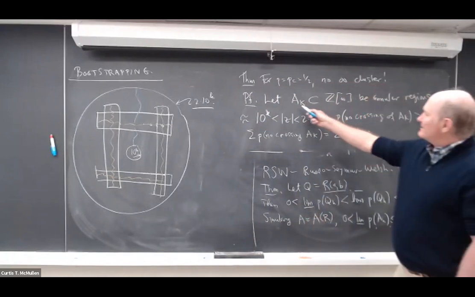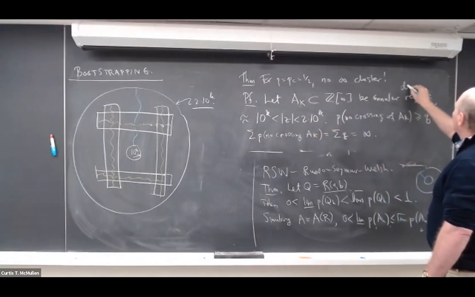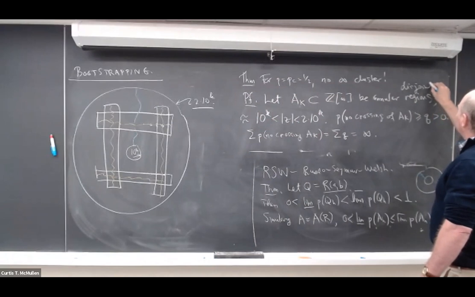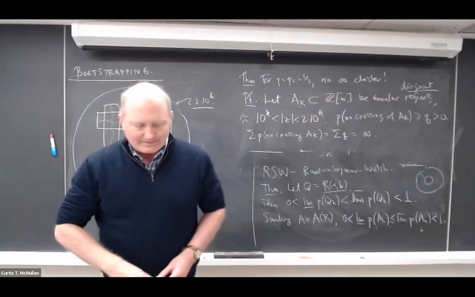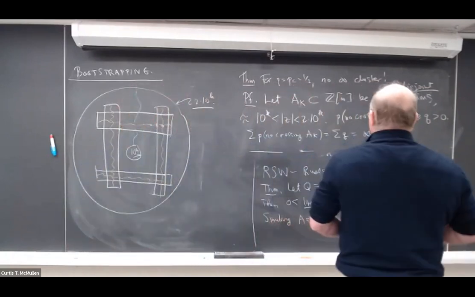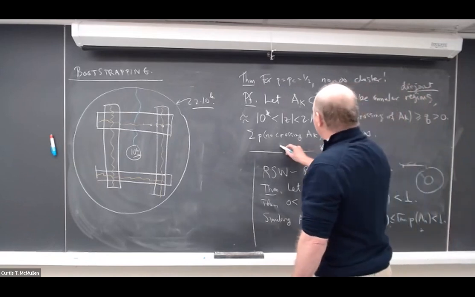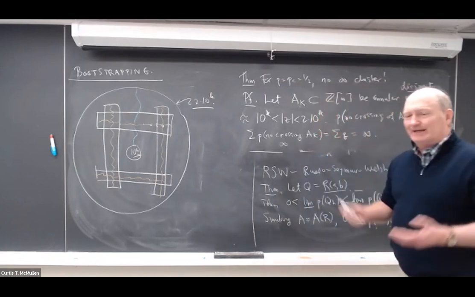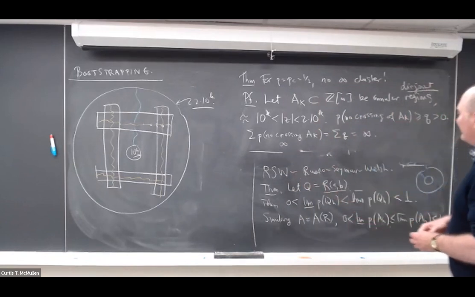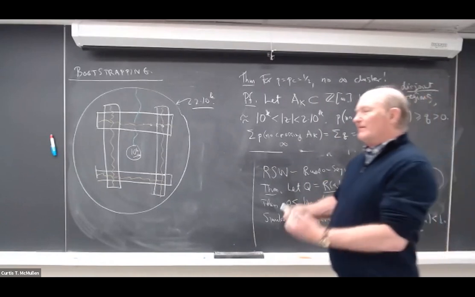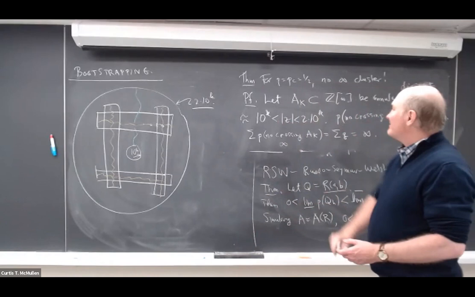Now the A_k, by virtue of being disjoint regions, their crossing probabilities are independent events because they involve different vertices in the lattice. So we have independent events, and the sum of their probabilities is infinite. Well, this is what the Borel-Cantelli lemma is for. If you have independent events and the sum of their probabilities is infinite, then with probability 1, infinitely many of them happen.